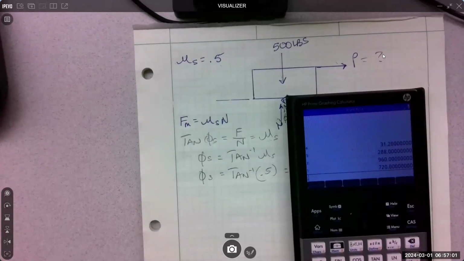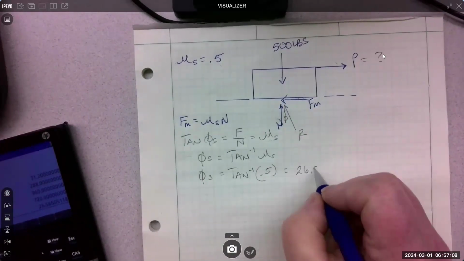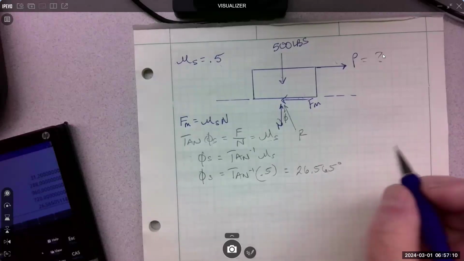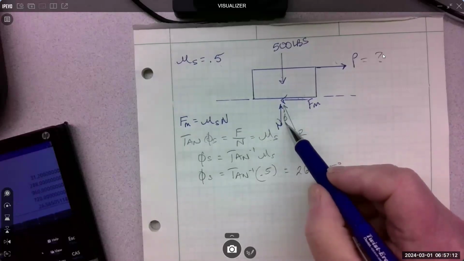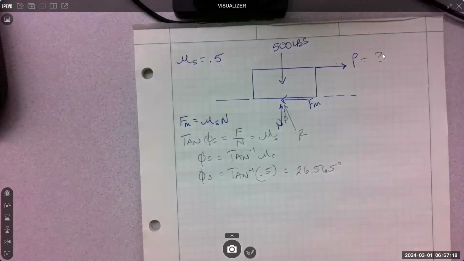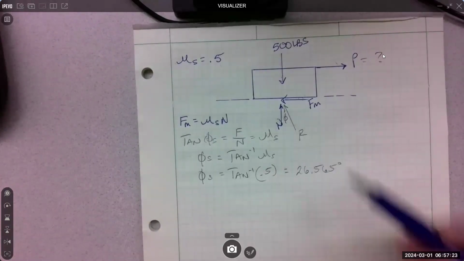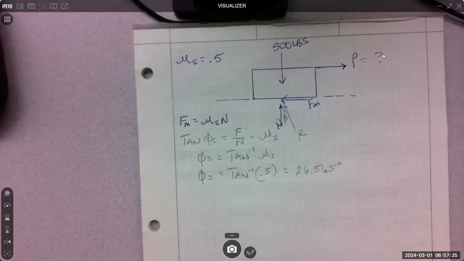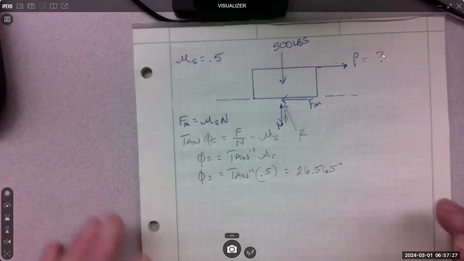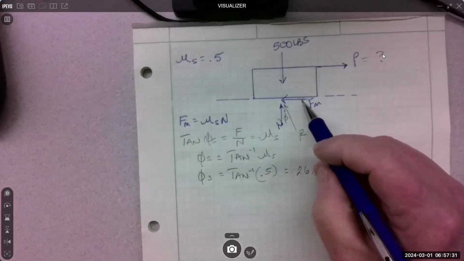So 0.5 inverse tangent, 26.565 degrees. That's this, right? One of the strategies for solving friction problems is to put the resultant in and take away F and M. Get rid of FM, get rid of N. When you do that, it creates a maximum condition because you're using the maximum friction force.